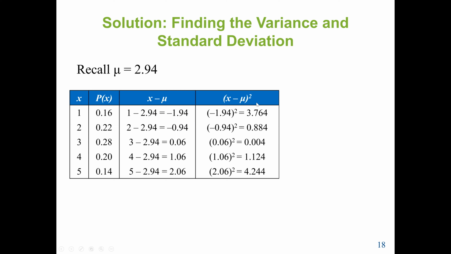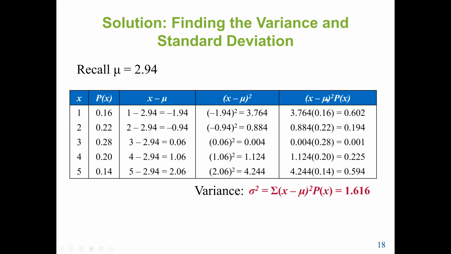Now we multiply it by the probability of X. Which means I'm going to multiply 3.764 by 0.16, 0.884 times 0.22, all the way down. So that's what we have here, and that's the formula: X minus the mean, all squared, times P at X. So it will be 3.764 times 0.16, and the next probabilities are 0.22, 0.28, 0.20, 0.14.